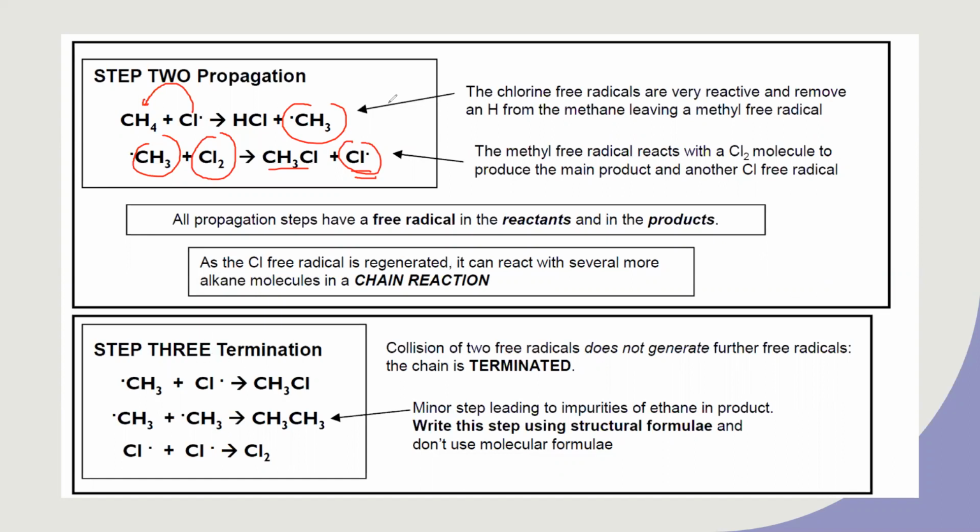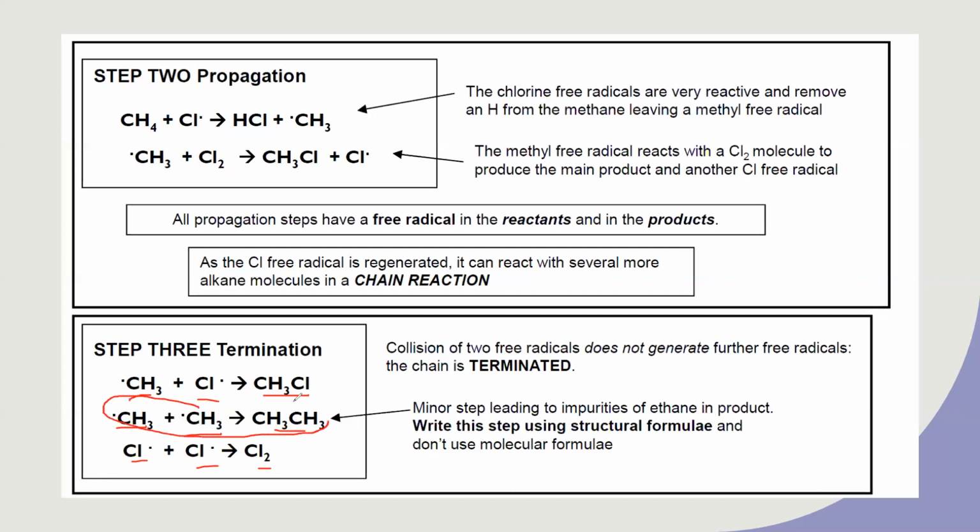Basically, when the free radicals are used up or free radicals form a molecule, the reaction will stop. So a methyl radical reacts with a chlorine radical to form methyl chloride, two methyl radicals form ethane, and two chlorine radicals form chlorine.